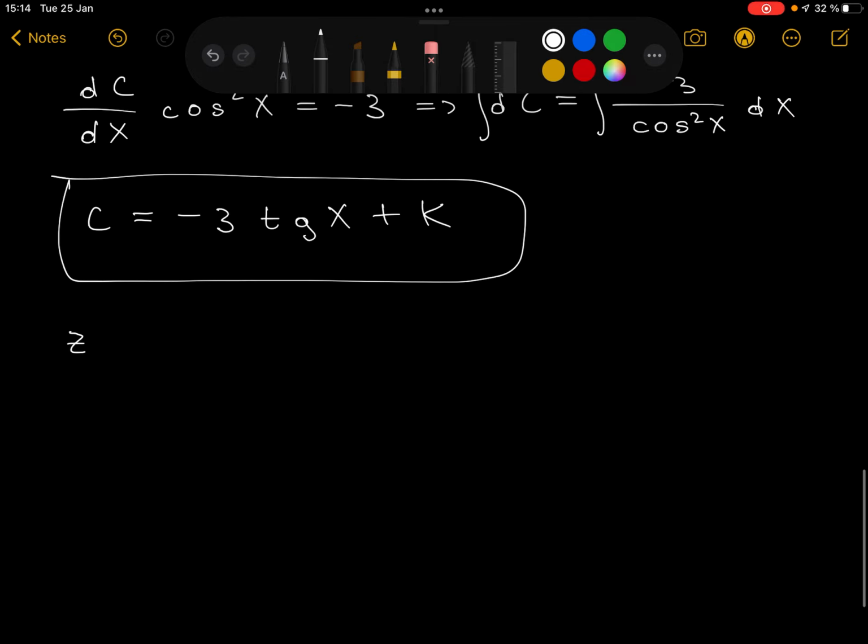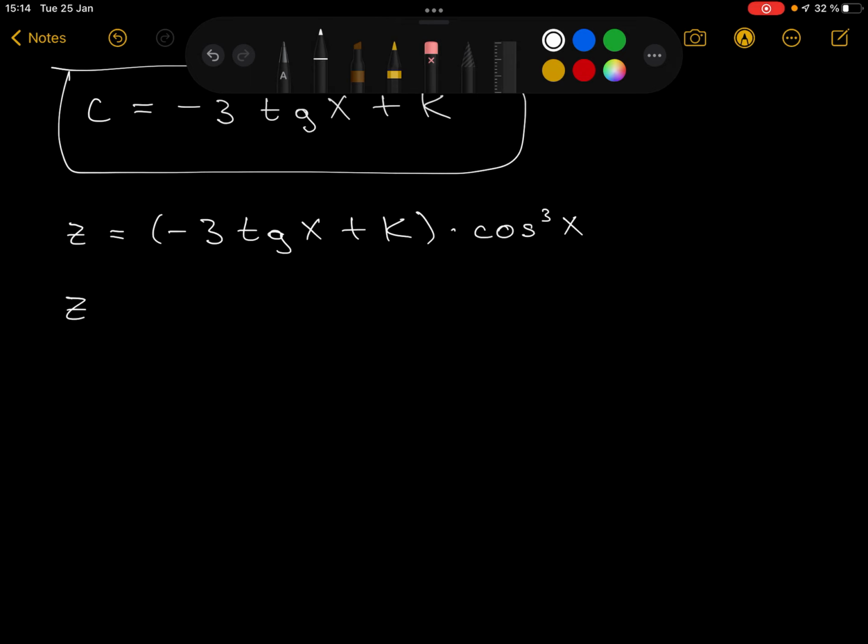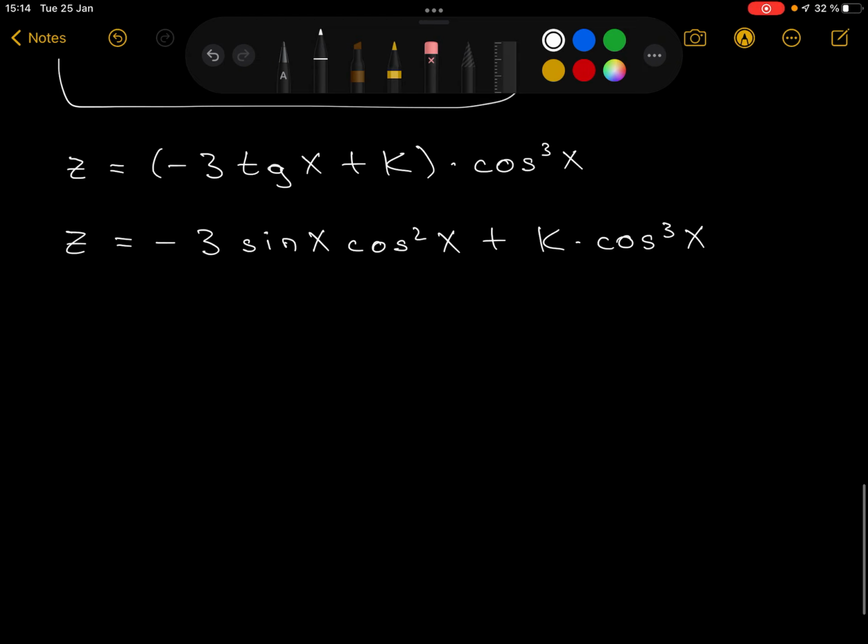So z is therefore equal to minus 3 times tangent x plus k times cosine to the third power of x. And now z is equal to minus 3 sine x cosine squared x plus k times cosine to the third power of x.